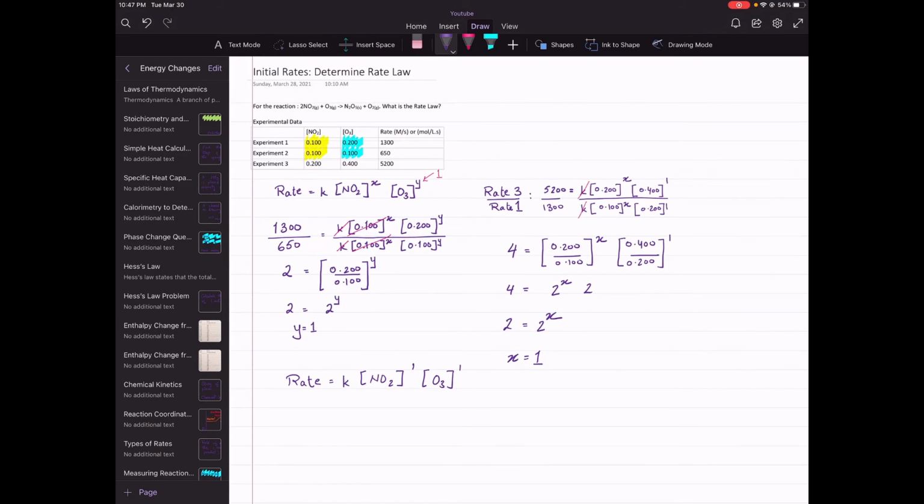So k is equal to, just rearranging the equation, rate over concentration of NO2 over concentration of O3, and now plugging in the values.